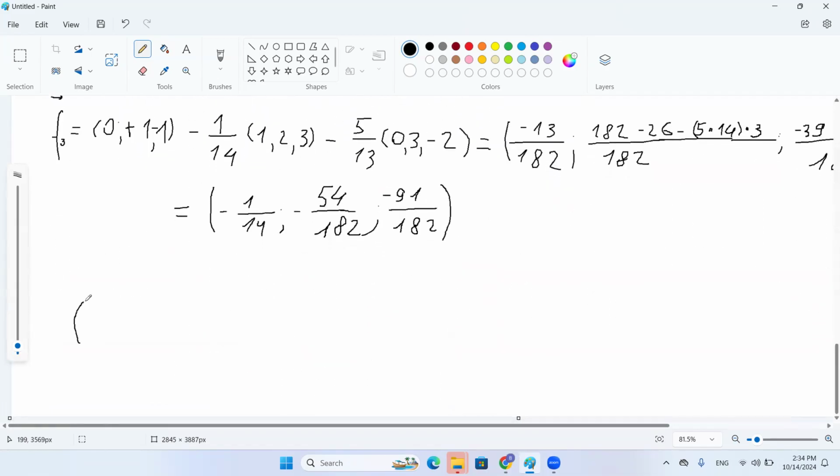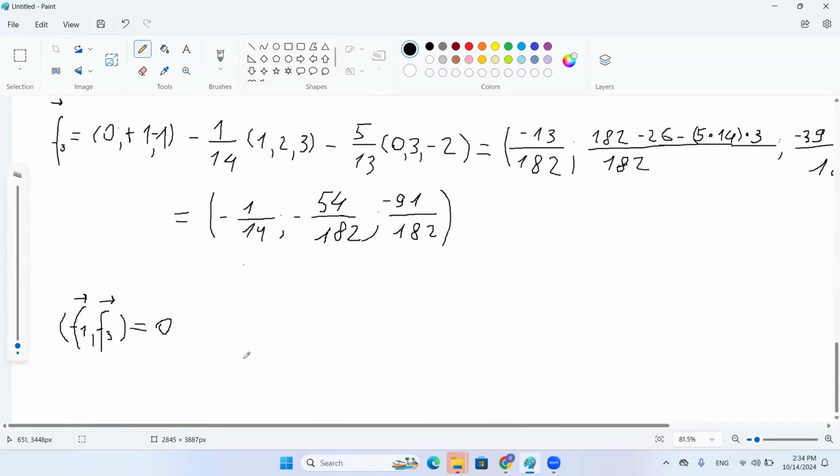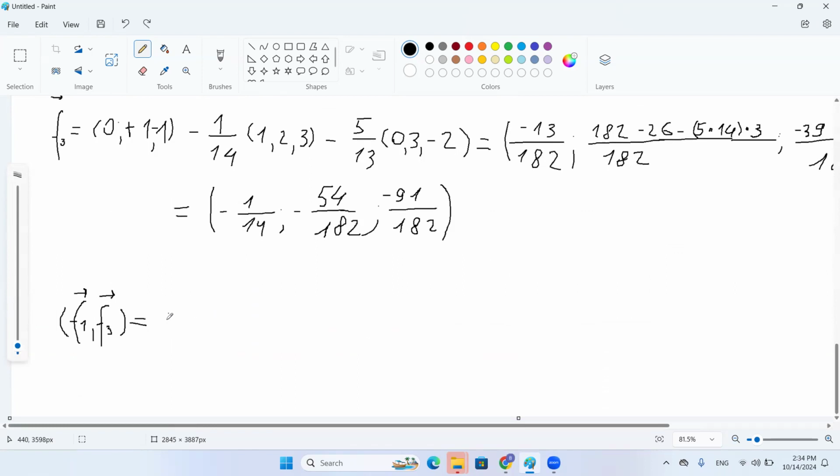Let's multiply first of all by f1. Okay, so 0 because no, 1, 2, 3. Okay, so minus 1 divided by 14 minus 2 by 4.